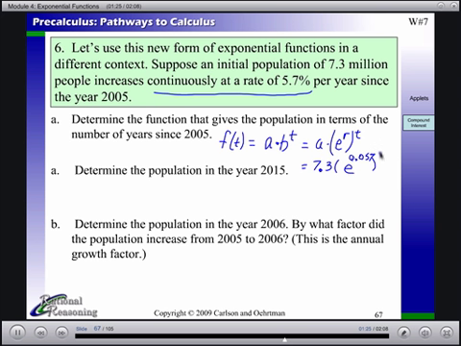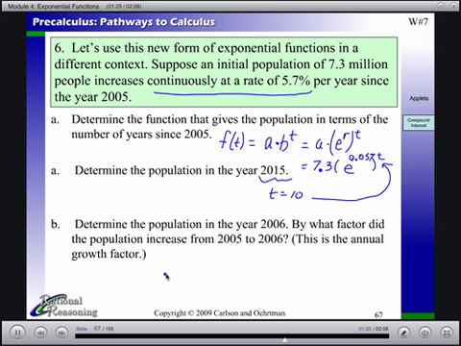And then to the t. Population in the year 2015, what will you do? This would be t equals 10. Plug it in. That's easy.